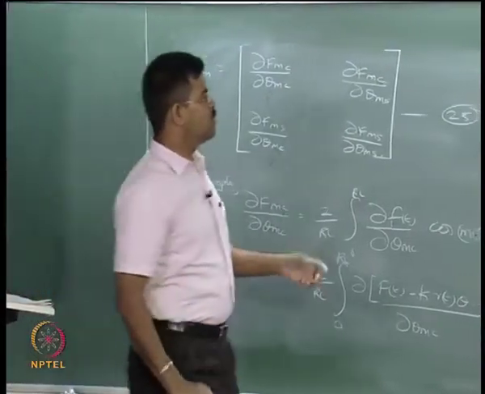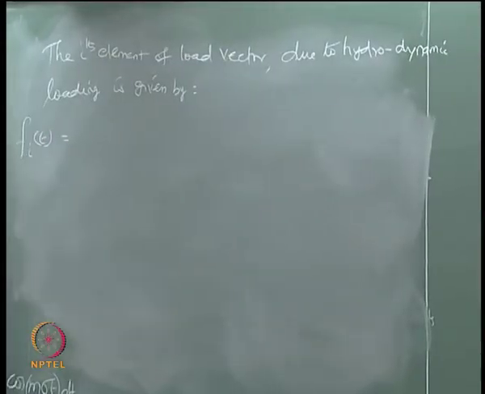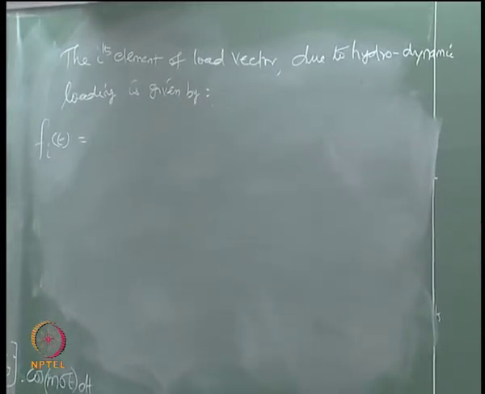Can you write what would be f of ith of t? Why I am saying f of ith of t is small letter, because it is per unit length.